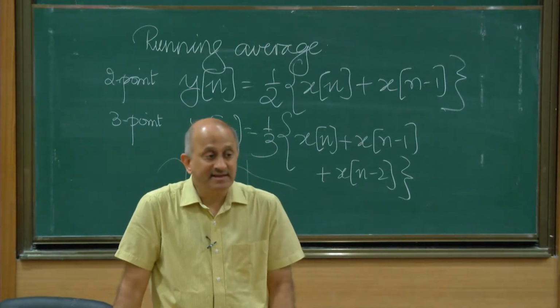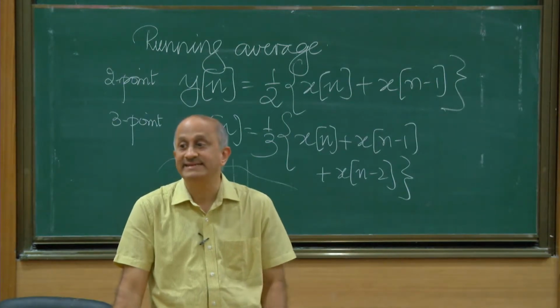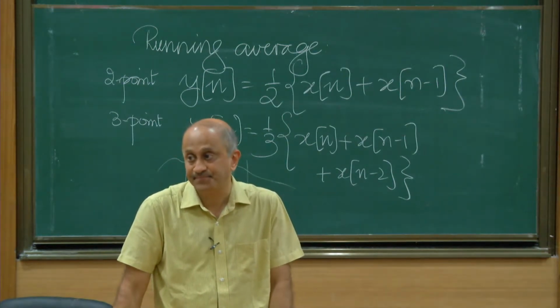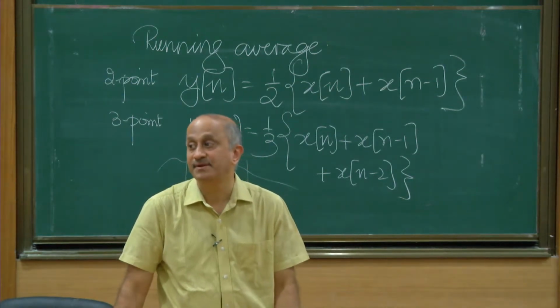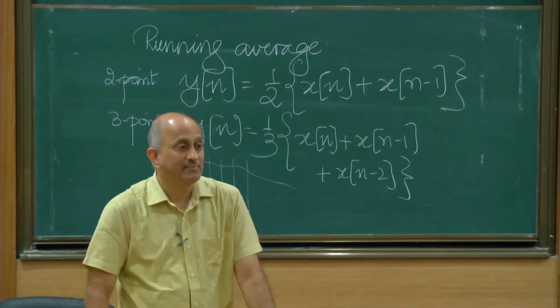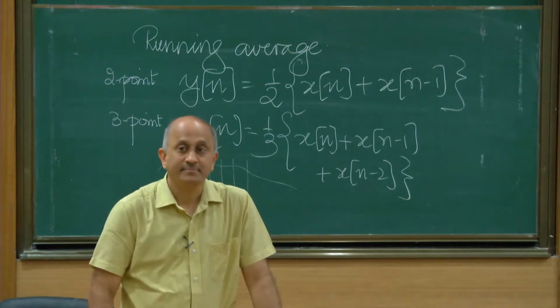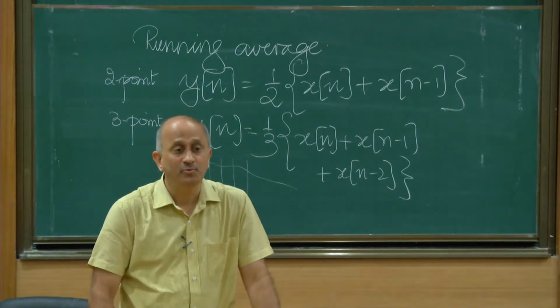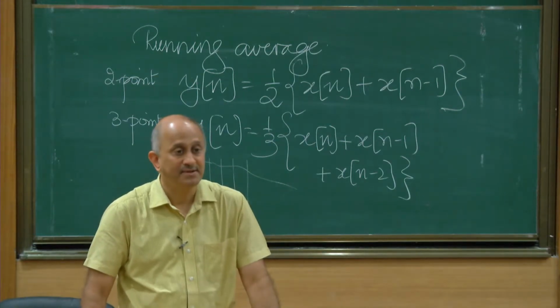For speech, it is known that you don't need to sample more than 10 kilohertz, that is 10,000 samples per second. In fact, even 10,000 is a little liberal. You can probably do with 8 kilohertz. And for audio, you can do with about 40 kilohertz, that is 40,000 samples a second.